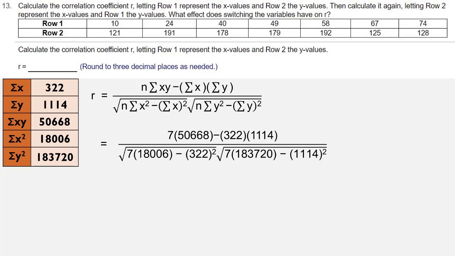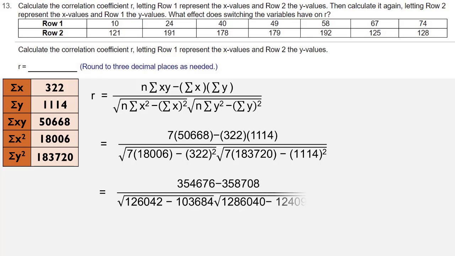We have 6 multiplications to do, and when we multiply, we get 354,676 minus 358,708 over the square root of 126,042 minus 103,684 times the square root of 1,286,040 minus 1,240,996, which simplifies to negative 4,032 divided by the square root of 22,358 times the square root of 45,044.